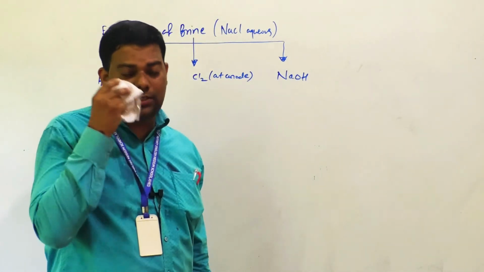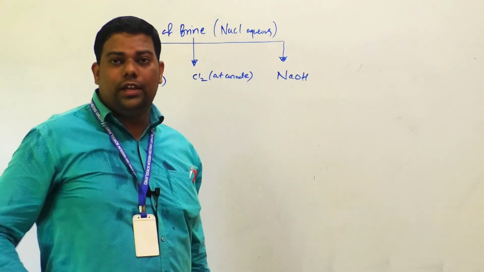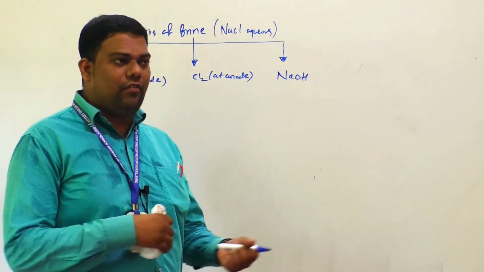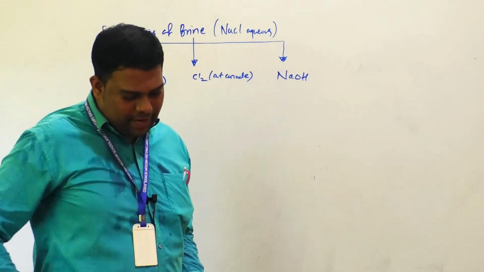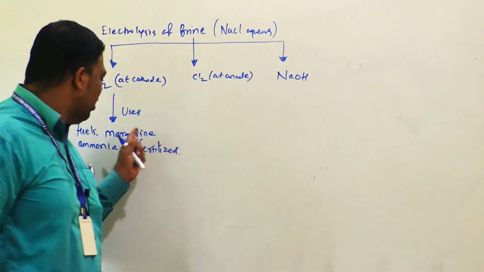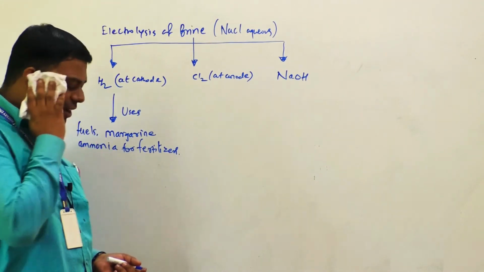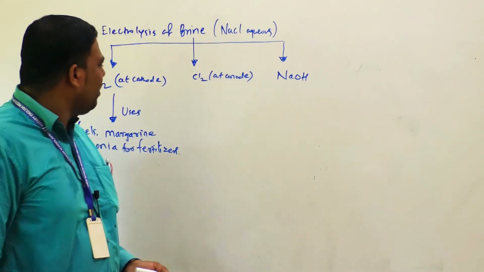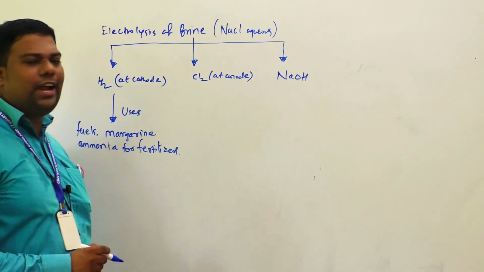We have to pass bubbles of hydrogen gas. Whenever we are applying fertilizers, we pass bubbles of hydrogen. That we call margarine, ammonia for fertilizers. At that time we can use this hydrogen gas.